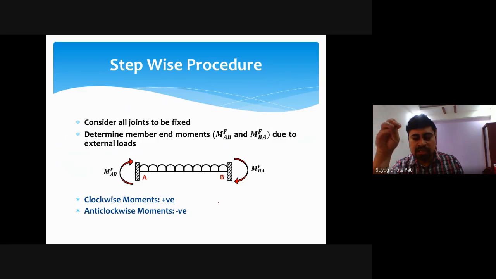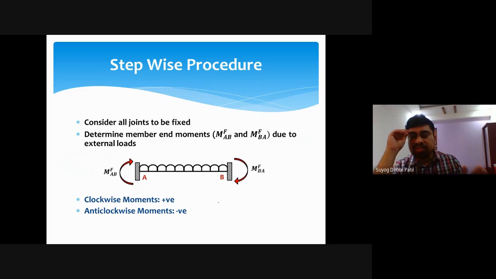But when we consider that continuous beam for analysis by the slope deflection method, we will consider all these supports to be fixed supports. So consider all the joints or supports to be fixed. Then determine fixed moments for the particular member.